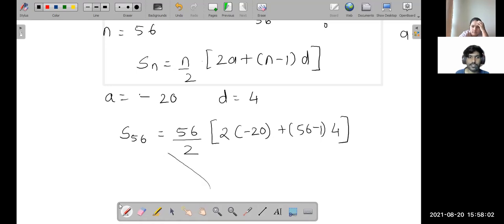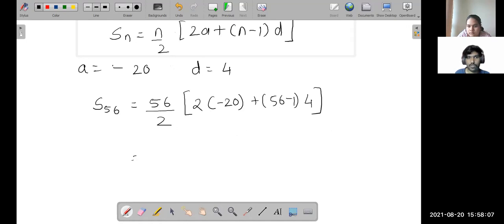Now simplify this. 56 divided by 2 is 28. 2 into minus 20 is minus 40, plus 56 minus 1 is 55 multiplied by 4.